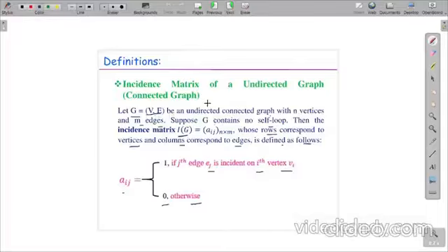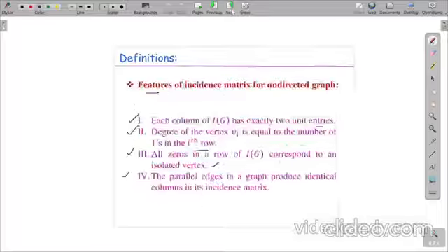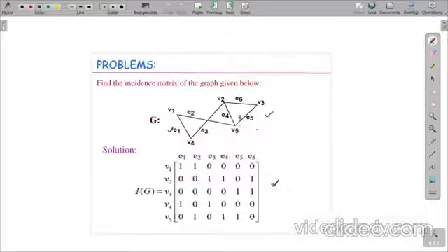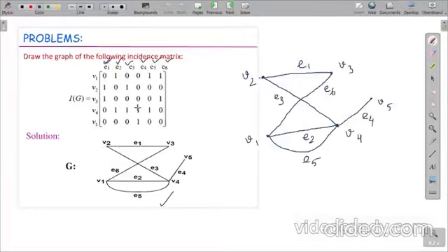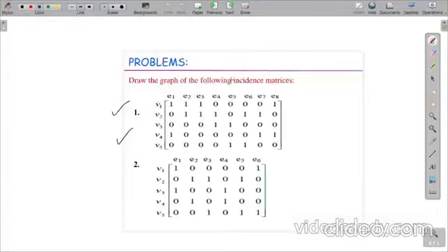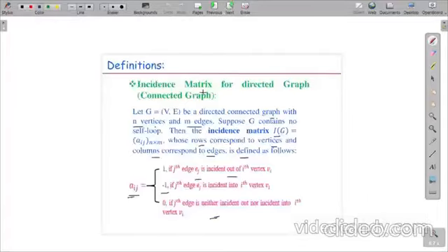Then we discussed the incidence matrix for a connected undirected graph. That is the definition. An example graph is given, how to write the matrix. Graph is given, write the matrix. This is for your homework. Matrix is given, how to draw the graph. Two matrices are given, try to draw the graph at home.